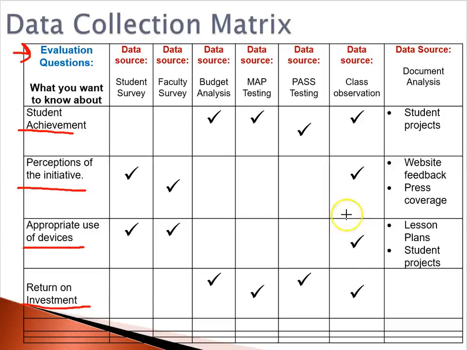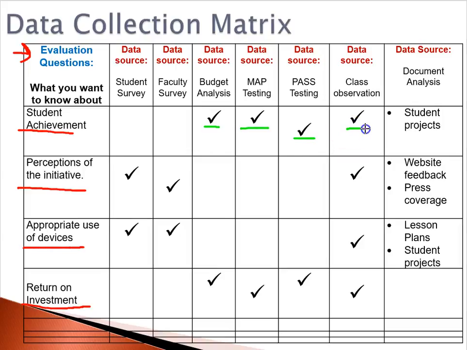So once you've got your evaluation questions, then we can begin thinking about where are some places that we can get that data. For student achievement, we're already collecting that data in places like our budget analysis or our MAP testing, our PASS testing.